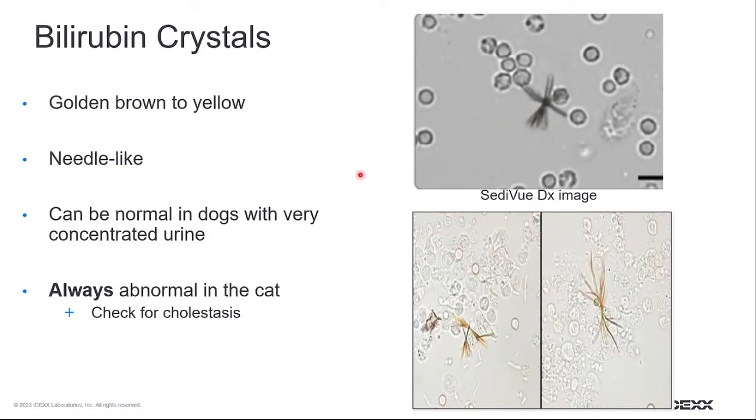We can get up to 2+ bilirubinuria in a normal dog with concentrated urine and subsequent bilirubin crystals, but they are always abnormal in the cat. So if you're seeing bilirubinuria or bilirubin crystals in the cat, that's always an abnormality, and it means we have to go looking for underlying reasons for cholestasis.